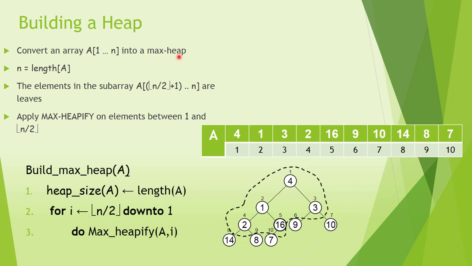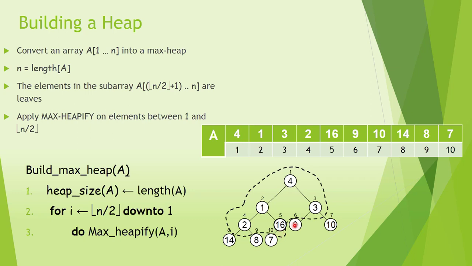So here the input to the build max heap procedure is an array which is of any order. N means length of A, that means length of the array. We already studied this property. The elements in the subarray A of floor n by 2 plus 1 to n are leaves. That means here we have 10 elements. 10 by 2 is 5, 5 plus 1 is 6.